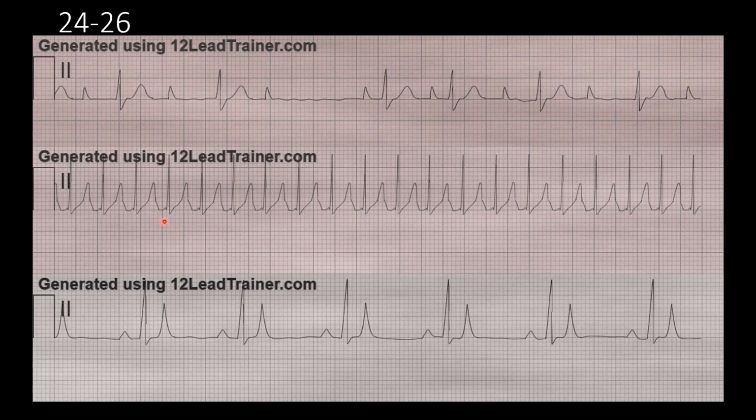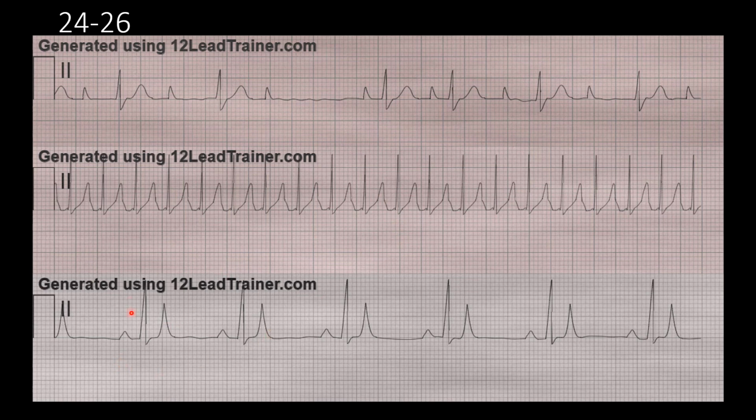So very fast. We can't tell if there's P waves in there. There might be. So we can't get a PRI. QRS, though, is narrow, so that tells us it's not coming from the ventricles. So because we can't tell, we would call this SVT, or supraventricular tachycardia.